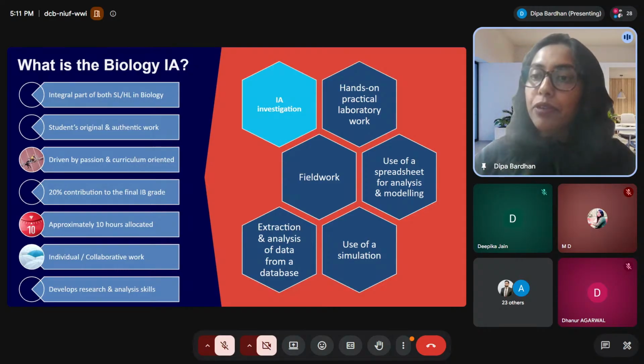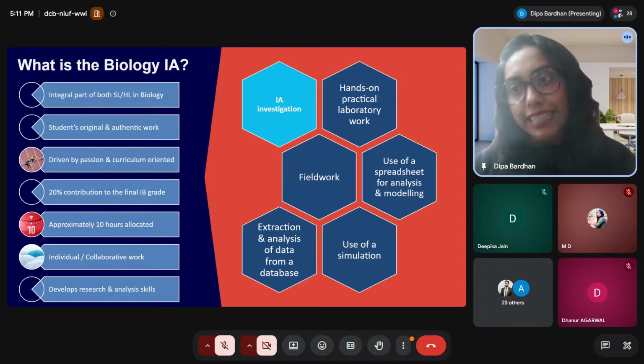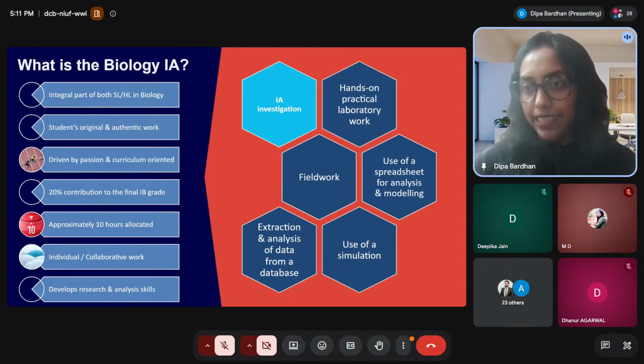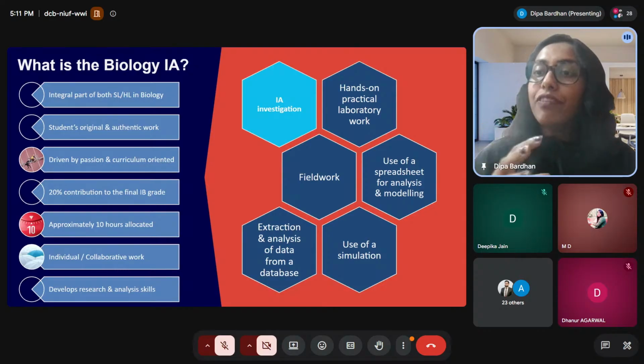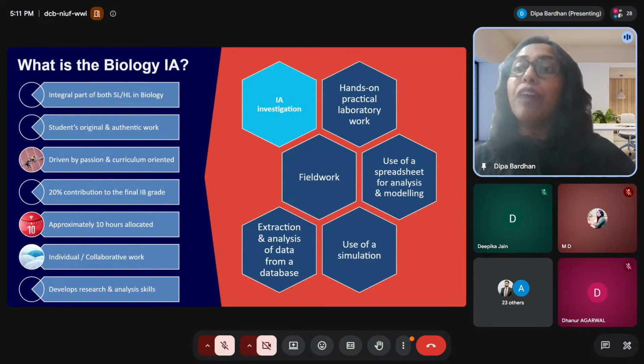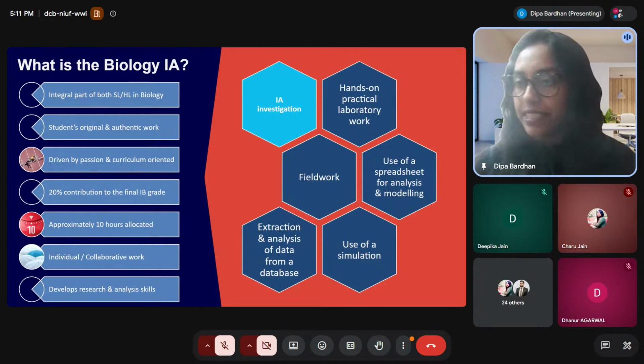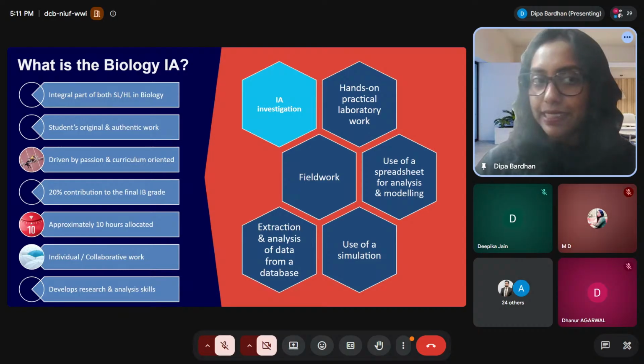The criteria rubric, the marks, the scores, all remain the same for IAs. So it is never a thought to be given of that I am an HL student, so I have to do a very complex investigation. No, it is not like that.